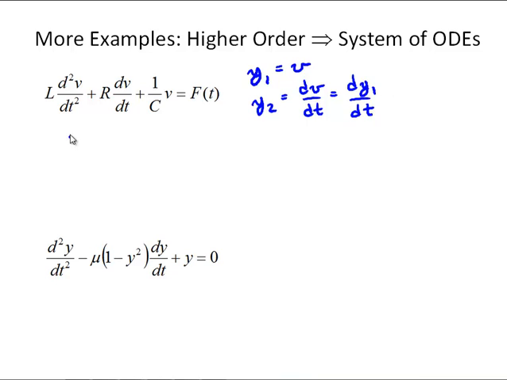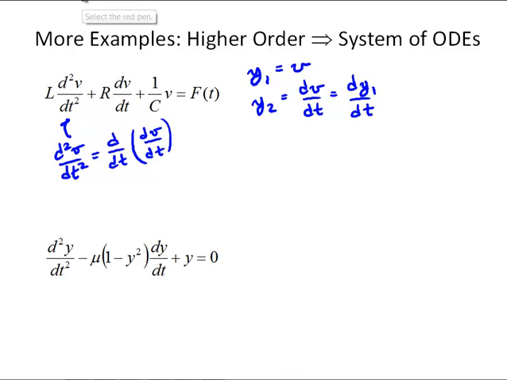Then this term, the second derivative of v with respect to t, would be equal to the first derivative of y2, because it's d/dt of dv/dt, but y2 is dv/dt. So that's equal to dy2/dt.